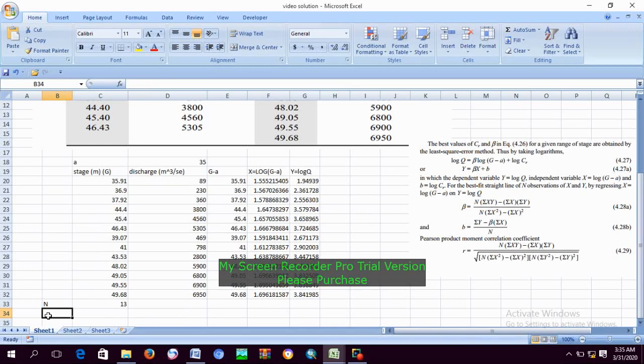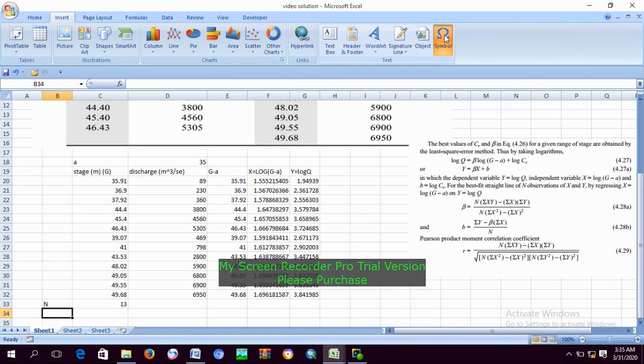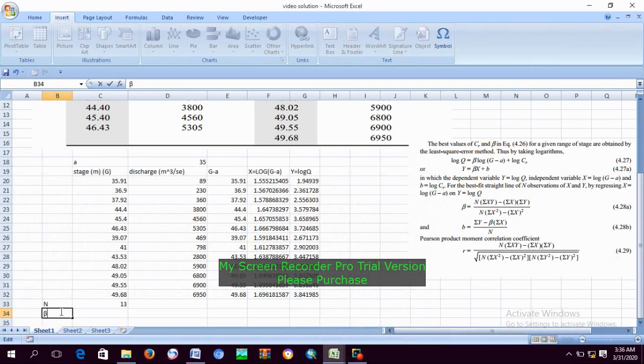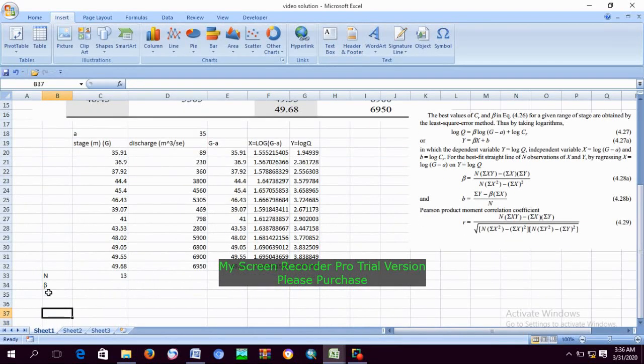Then beta is equal to, where is beta? We can denote beta by entering the symbol, and you can get the beta value. After calculating beta, there is the small b value and also cr, the coefficient of correlation.